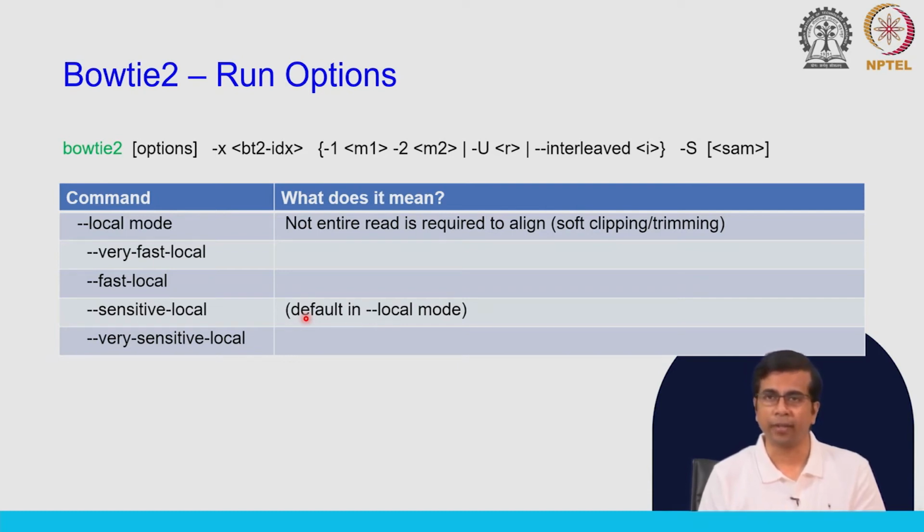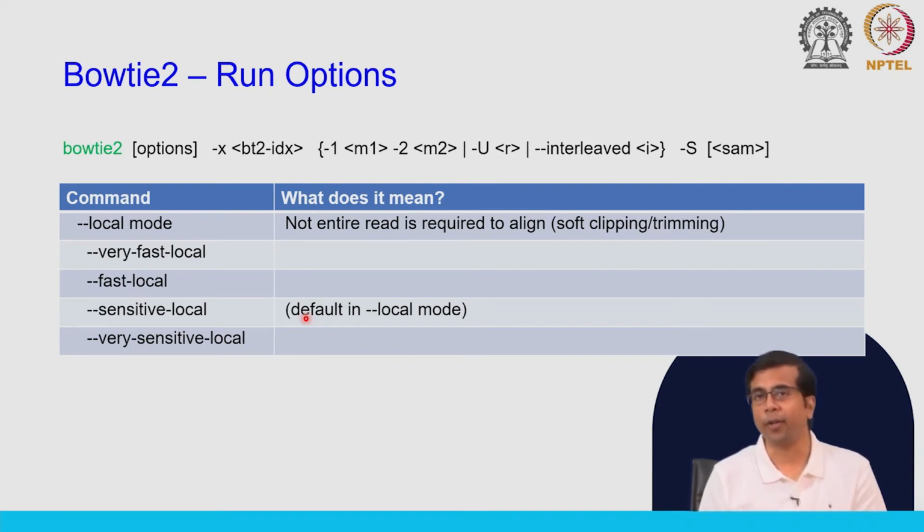Why? Because as you have seen in Illumina especially, your quality score suffers at the ends. In the first few bases and last few bases the quality score is low. So, if you are doing this end to end mode, sometimes Bowtie2 will force this alignment against the reference sequence, which might not be the best alignment because of sequencing errors in the ends of these reads.